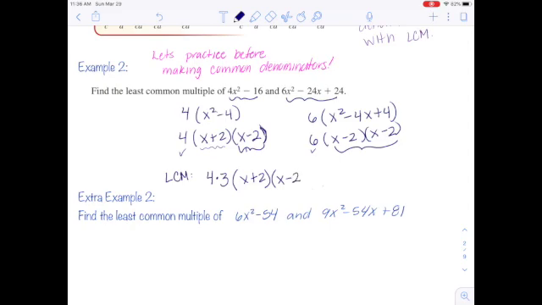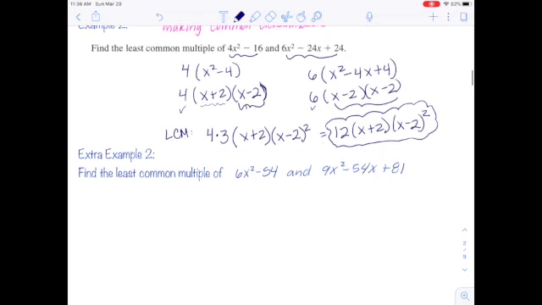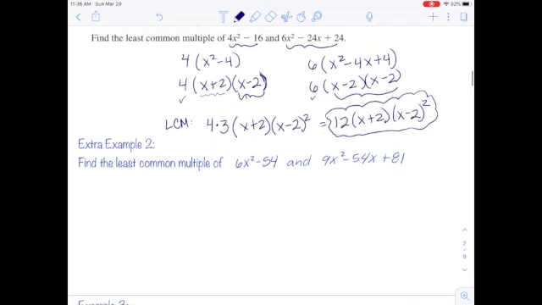We're going to make our common denominator the factor of x minus 2 squared. That's equal to 12 times x plus 2 times x minus 2 squared, and I'm going to leave it like that. You do not have to FOIL that out. That will take forever. I'm not in the business to torture you, even though today might seem like it.